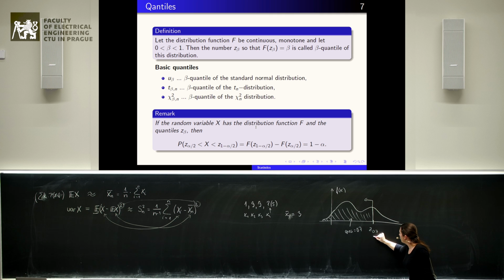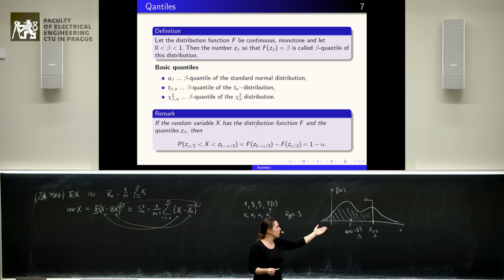So in general, when we have the quantile z with the index beta, it is such a number on the horizontal axis which leaves the area equal to beta on the left side from this value. Yeah? So it is the border value which leaves the amount of probability equal to beta on the left side from this value. Yeah?